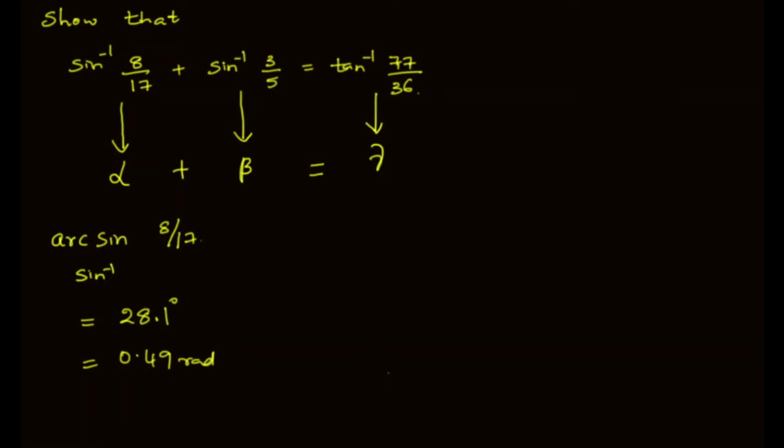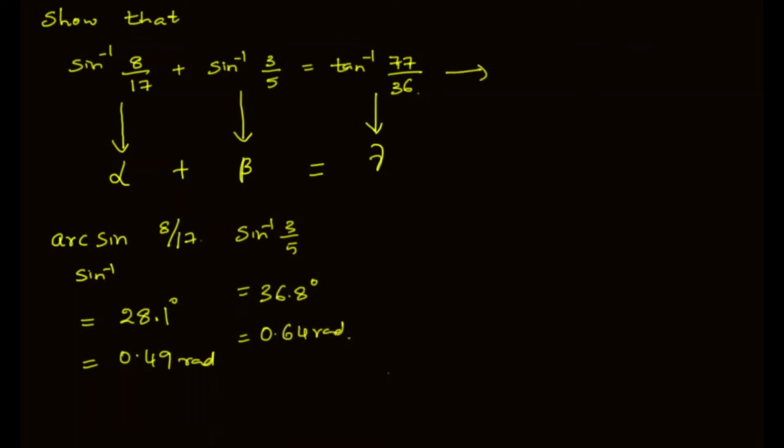So that is the first term. Likewise, if you plug in sine inverse 3 by 5, we end up getting 36.8 degrees. The same thing in radians would be 0.64 radians.